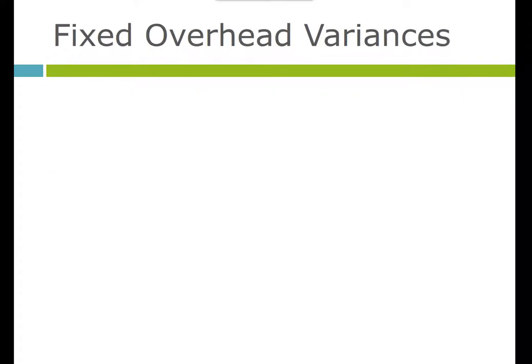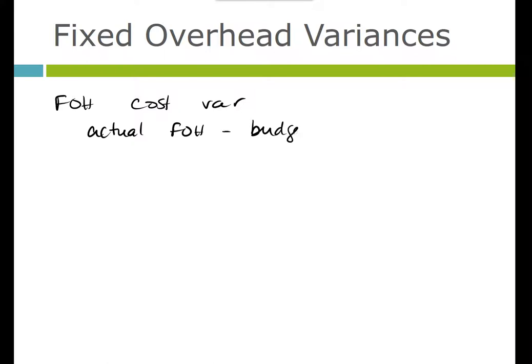So for fixed overhead, you have two. You have the fixed overhead cost variance. This is my favorite. Of the 8 variances we calculate, this is my favorite, because you just take the actual fixed overhead minus the budgeted fixed overhead. Both of those numbers are given to you, so all you do is subtract them and you're done.